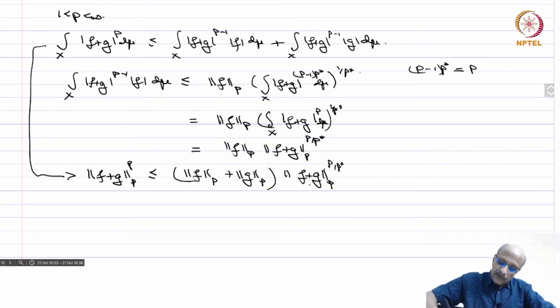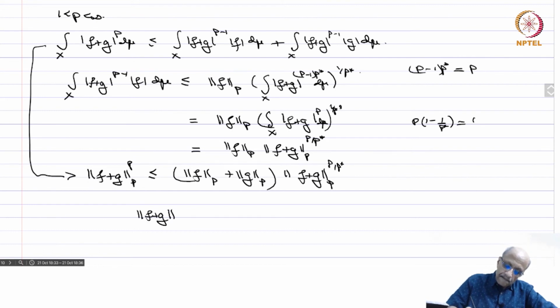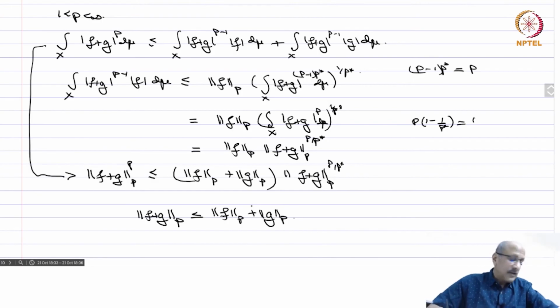Now, since it's not 0, I can divide this here. Now p minus p by p star is p minus 1 by p star, and 1 minus 1 by p star is 1 by p, so that's equal to 1. If I divide it, I get norm f plus g_p is less than or equal to norm f_p plus norm g_p, and that's exactly Minkowski's inequality.